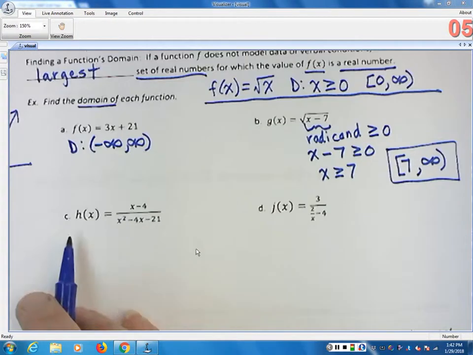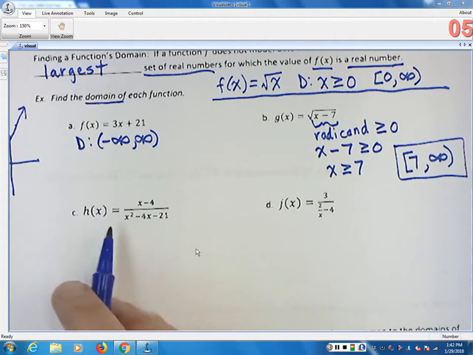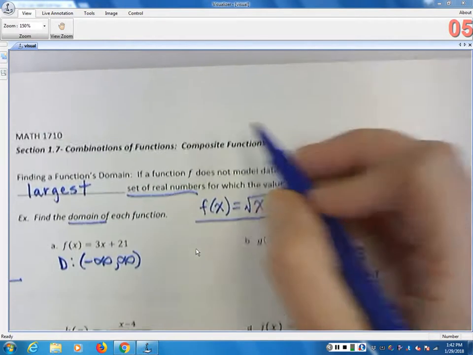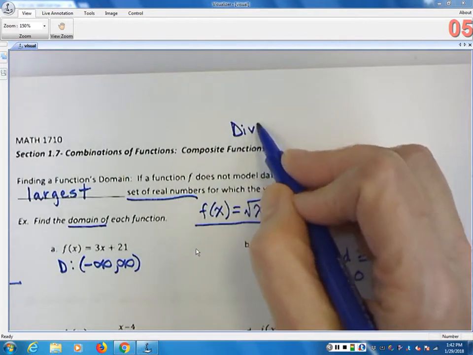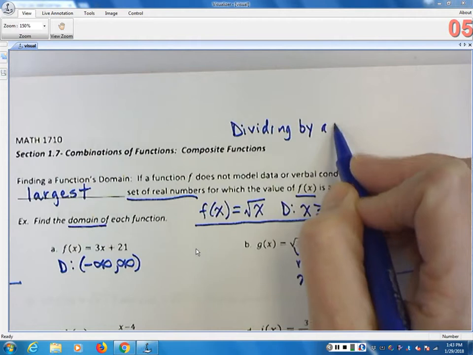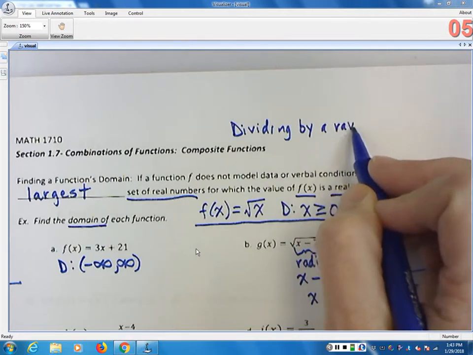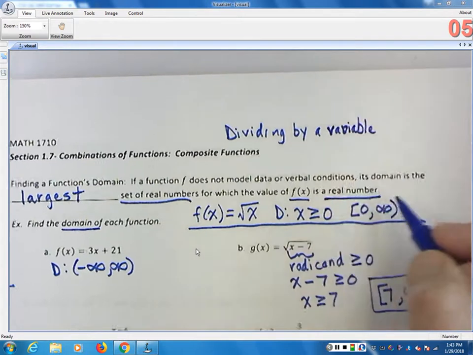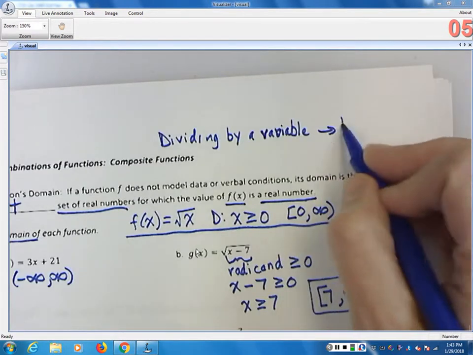All right, the next one: if you have a fraction and you have x's in the denominator, so if you're dividing by a variable, make sure that no denominators equal 0.